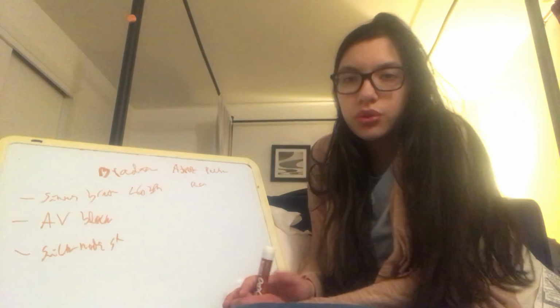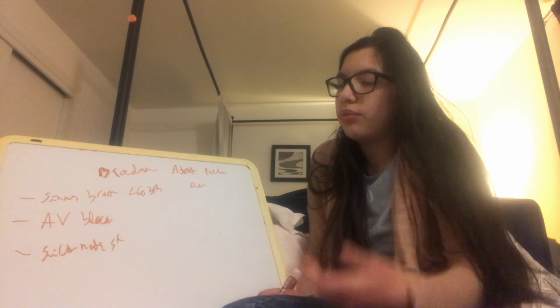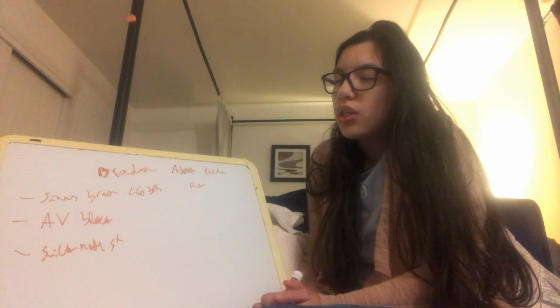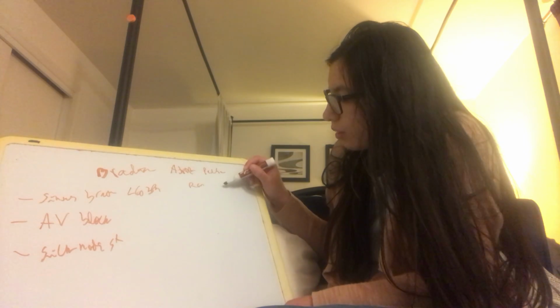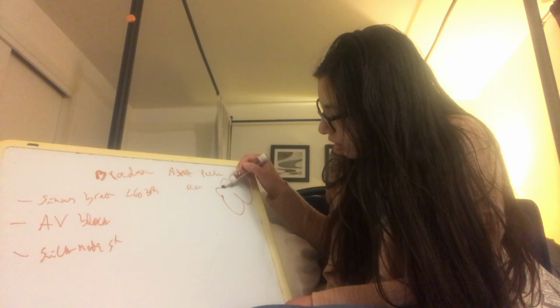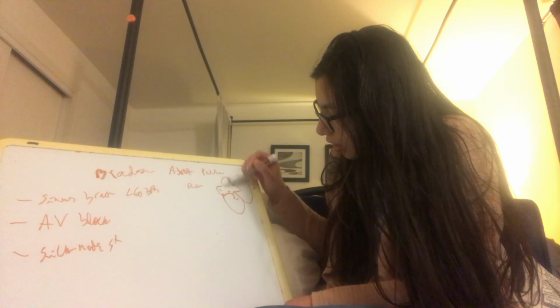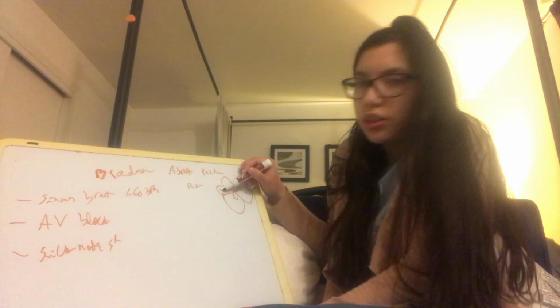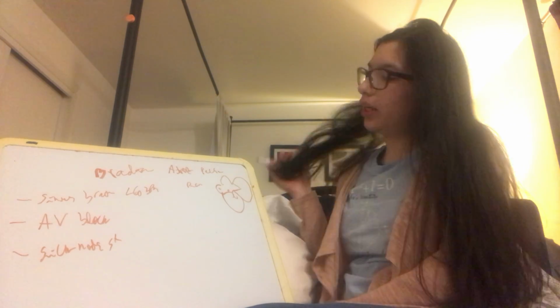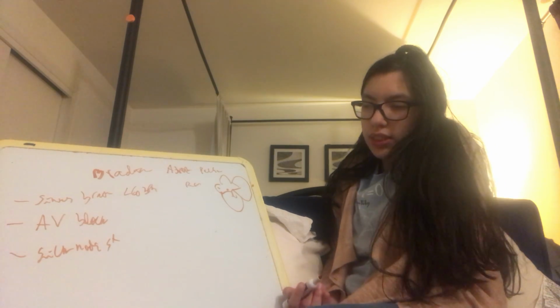sinus node syndrome, this is where the sinus node is failing, it's like sick. So remember that the heart has automaticity. So when the sinus node is not firing, another group of cells can fire.